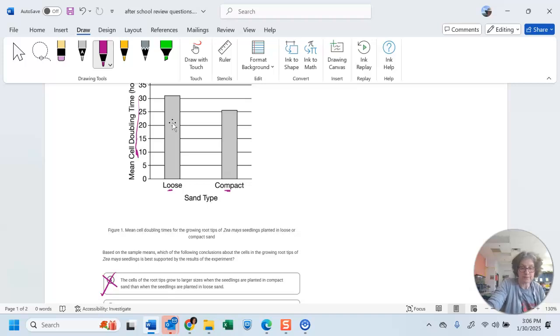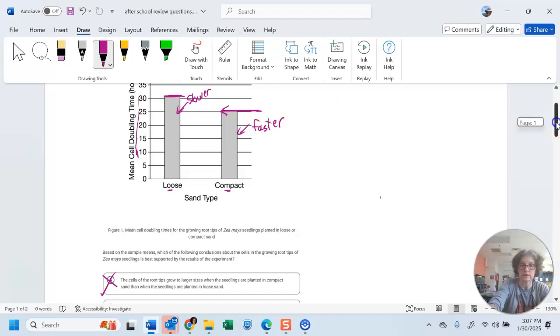The shorter amount of time means this is going faster, right? In compact sand, it's not taking as many hours for the cells to double as it is in the loose sand. It's taking more hours here. So this is slower and this is faster. Good? That's another thing you got to be careful of. It's an easy trap to fall into.